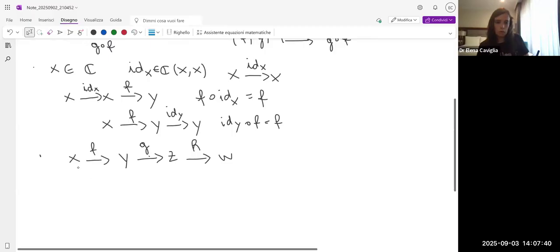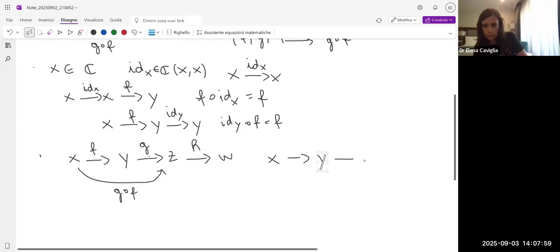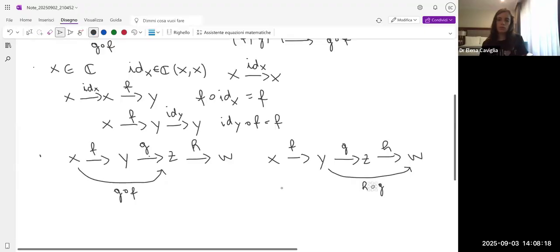We can do first F composed with G, and then we do H, or we can first do G composed with H, and then we precompose with F, and these 2 things are the same.